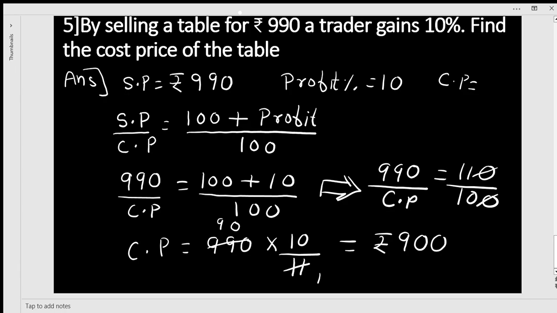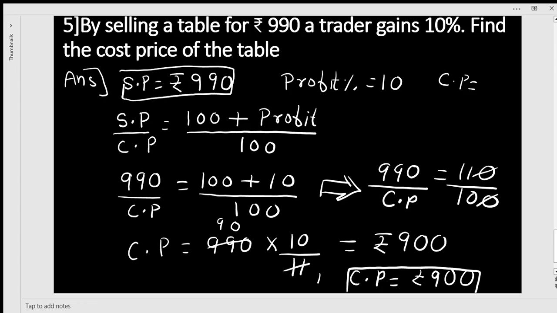So the cost price, since it is profit, is rupees 900. Fine, 900. The cost price is less than the selling price, and it is the case of what? Profit. I hope you understood the entire chapter, students.